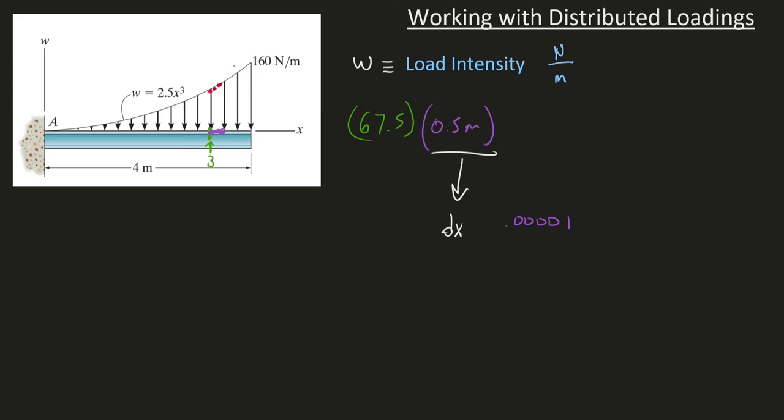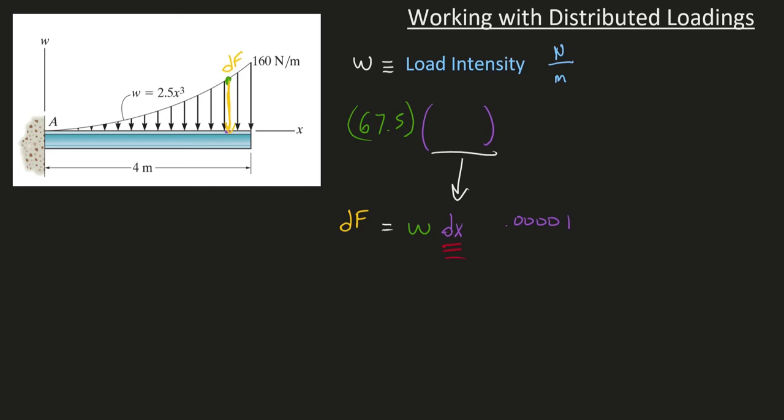So if I take this dx here and multiply it by my loading intensity, what I'll get is the tiny amount of force at that location. So if I do my W here, multiply it by that little bit of dx, I'm going to get the little bit of force acting at that x from that distributed loading W. And again, if you're wondering why is it df, remember dx is very, very small.